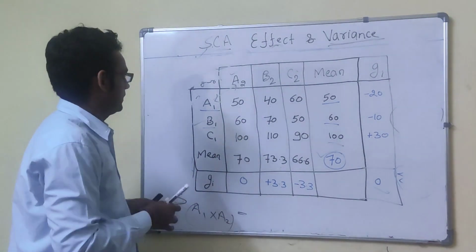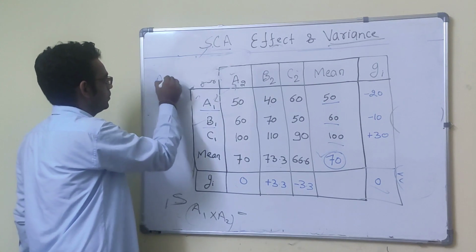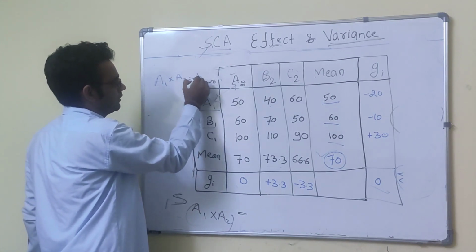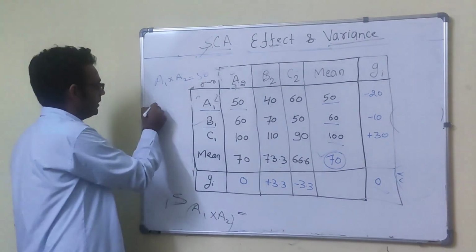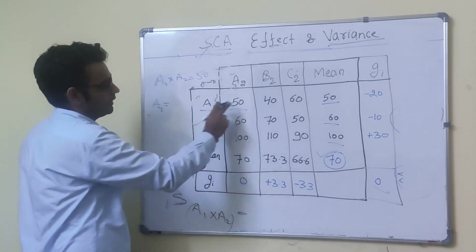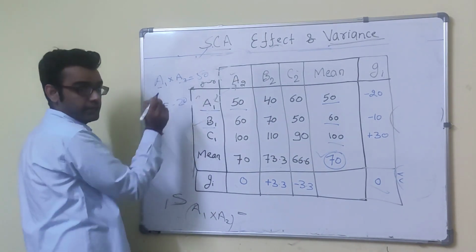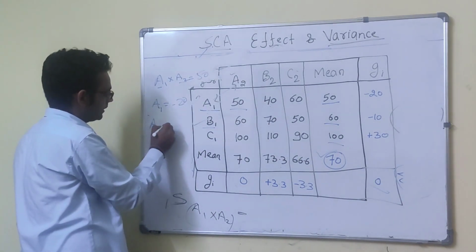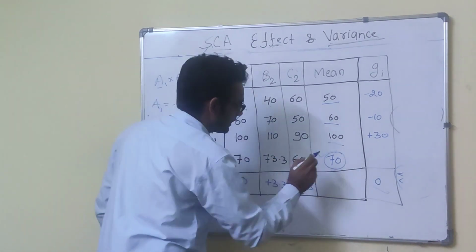You know the performance of A1 into A2 is 50. The GCA effect of A1 is minus 20. Here the second parent is A2, so the GCA effect of the second parent A2 is 0. And the population mean is 70.